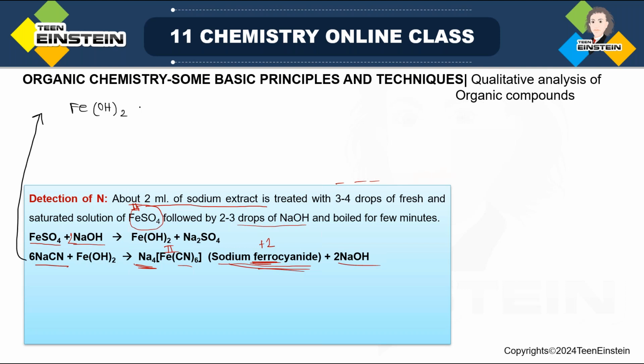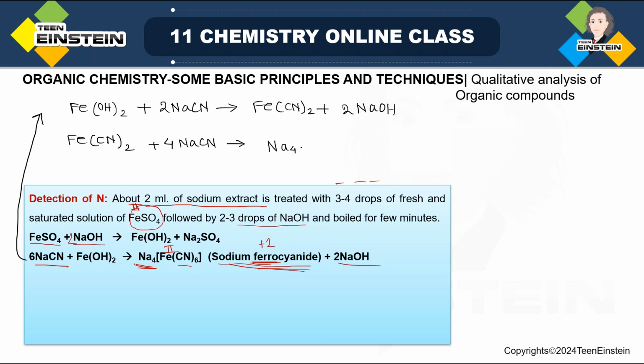So Fe(OH)2 in presence of 2 NaCN will first produce Fe(CN)2 and 2 NaOH. Now this Fe(CN)2, iron in +2 oxidation state, will react with 4 NaCN and produce Na4[Fe(CN)6].